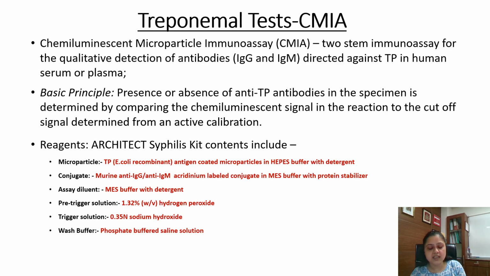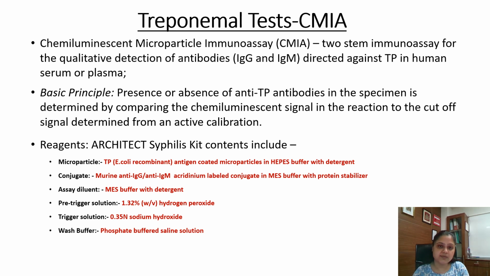Coming to another, and the most important test, which is now most commonly used, is the CMIA, that is the chemiluminescent microparticle immunoassay. It is a two-step immunoassay for the qualitative detection of antibodies, that is IgG and IgM, directed against Treponema pallidum in human serum or plasma.